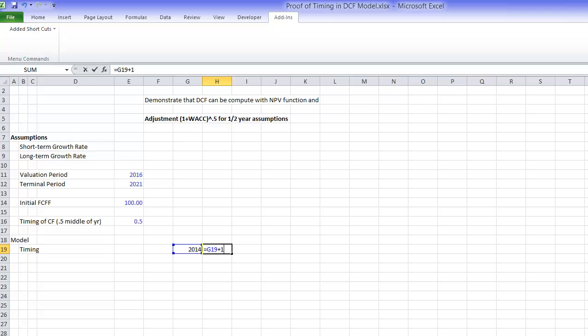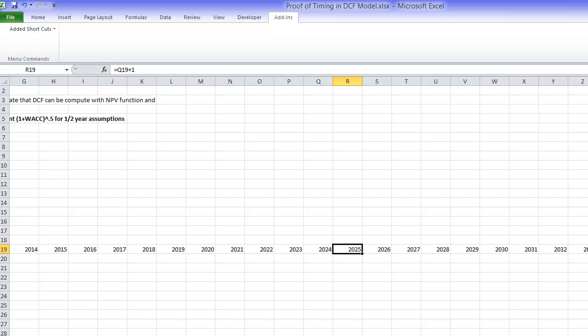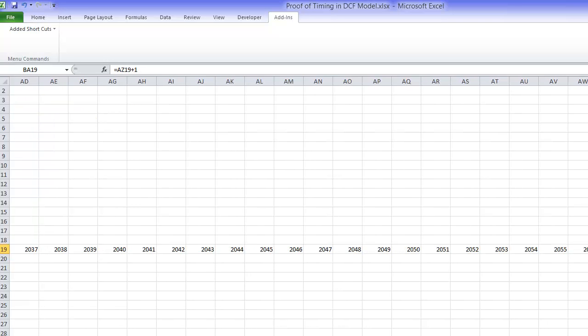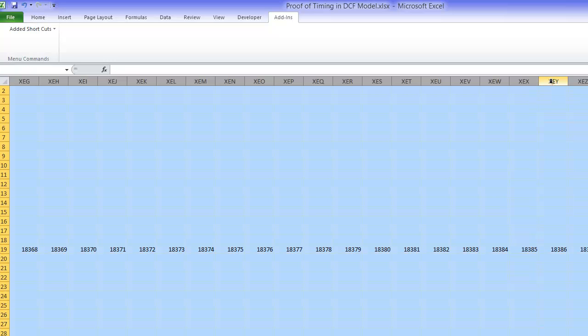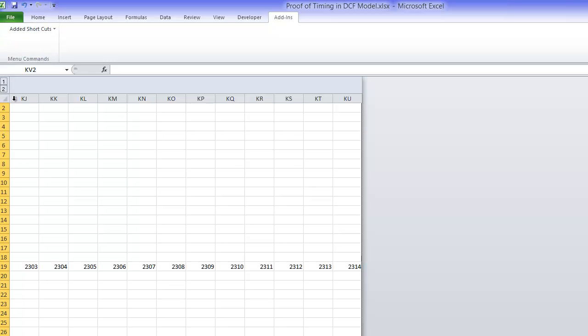And I'm just going to add one, Shift Control Right Arrow, Control R, and then we're going to go to 2314. Is that all right? I think that's enough.